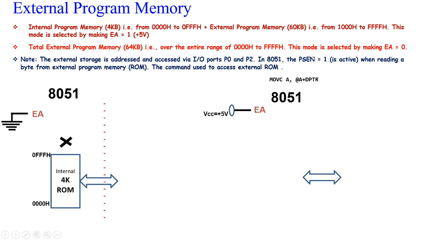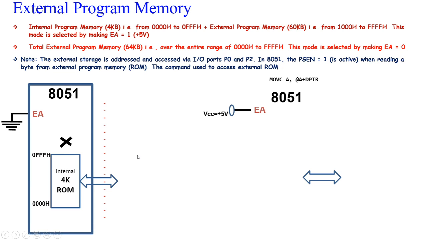In 8051, PSEN, program store enable, is active when reading a byte from external read only memory. This is the command used to access the read only memory: MOVC A, @A+DPTR. So this gives the address of external memory, and this is the instruction to access external memory.